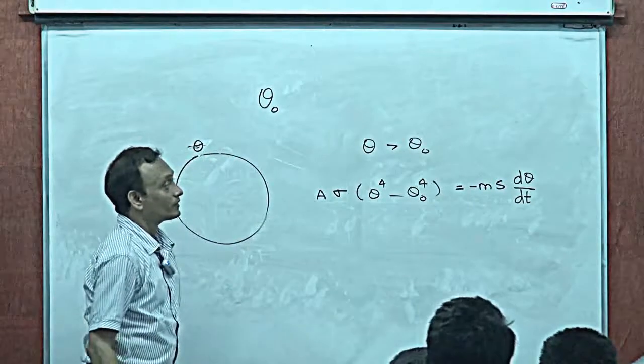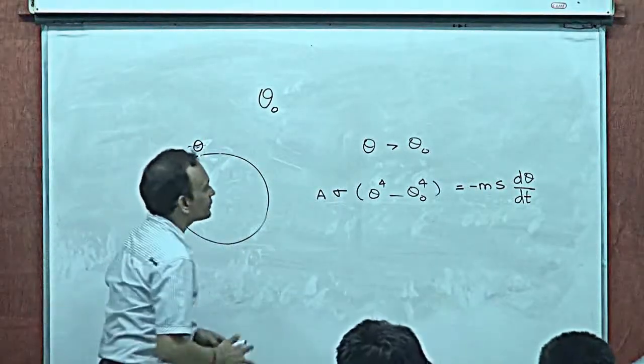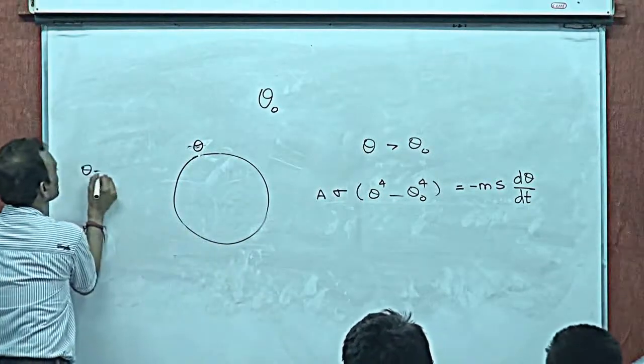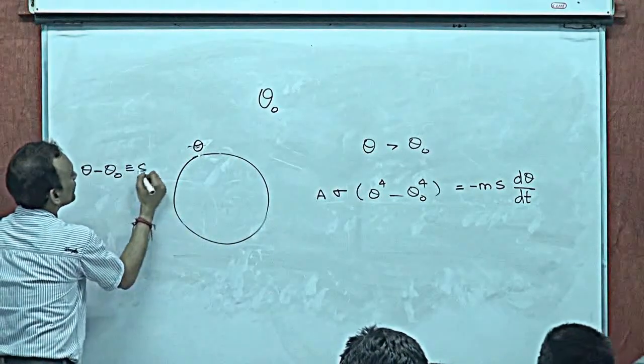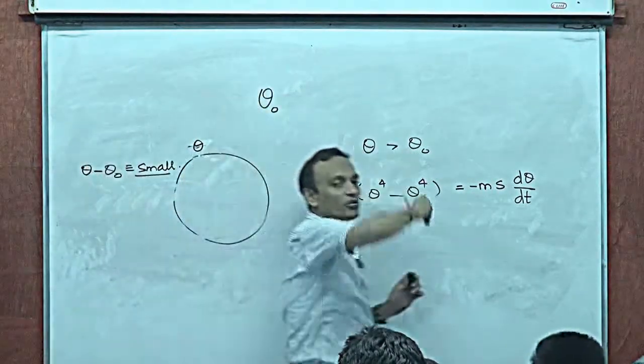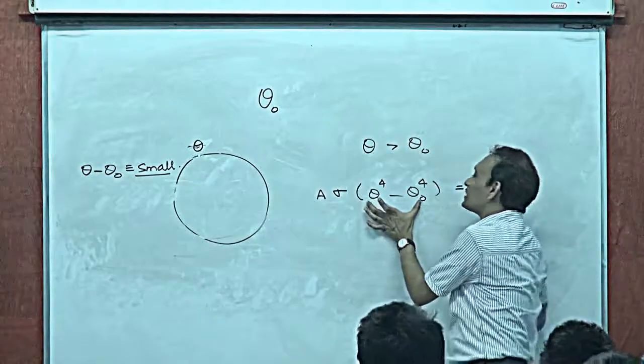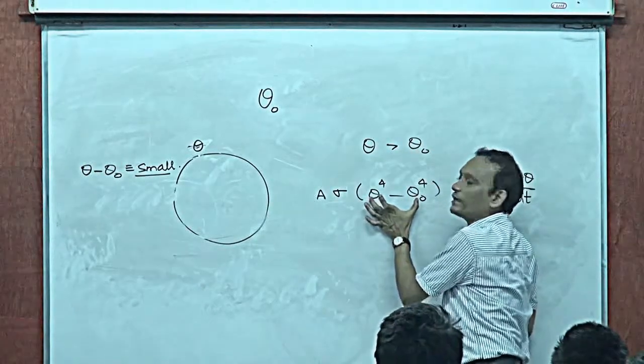Now, binomially, you can check for yourself that if theta minus theta naught is small, if the difference between the temperature of the body and the surroundings is small, then we can show that this will be almost proportional to theta minus theta naught.